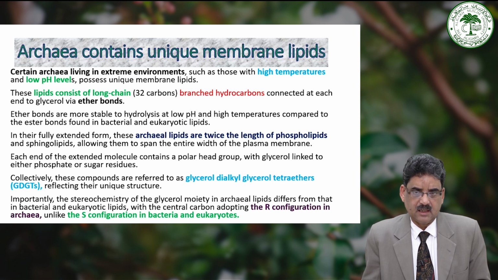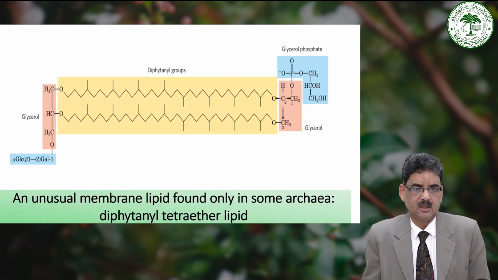Notably, the glycerol moiety in archaeal lipids differs in stereochemistry from that in bacterial and eukaryotic lipids, with the central carbon adopting the R configuration in archaea as opposed to the S configuration in bacteria and eukaryotes.